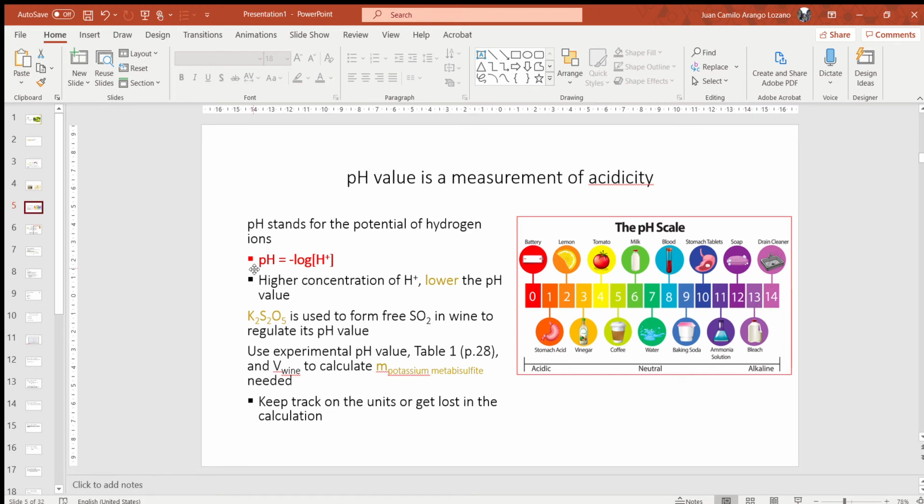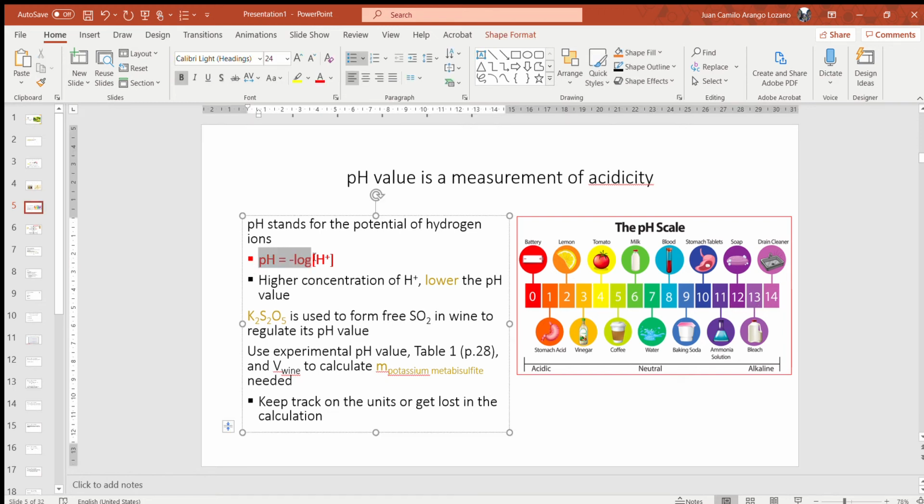Normally, this is the formula to calculate pH. It's always going to be equal to the negative logarithm of the concentration of the hydronium ion. The higher the concentration of this hydronium ion, the lower the pH is going to be. As I told you, potassium metabisulfite, which is this formula over here, is used to have a certain amount of free SO2 in wine to regulate the pH of that beverage.